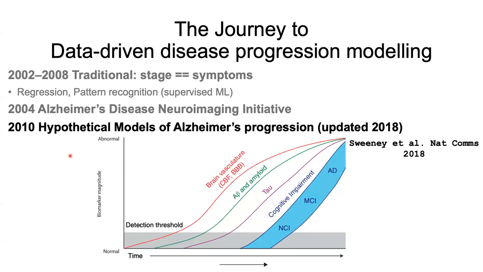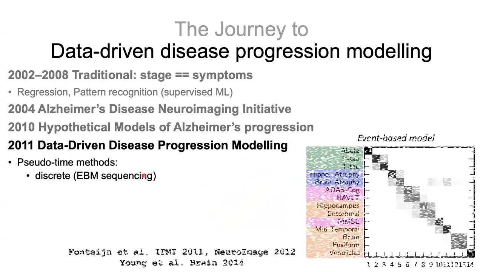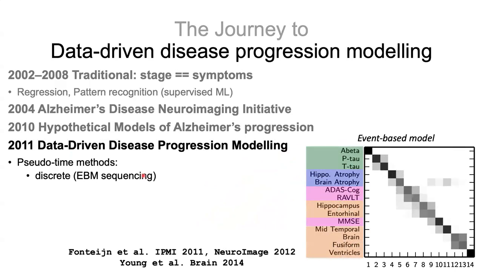Around about the same time, computer scientists started to hear about Alzheimer's disease and about ADNI in particular. And they said, well, if there's data, then surely we can do something a little bit more data-driven. And in 2011, a pseudo-time method came out that estimates a discrete pseudo-disease time. It's called the event-based model, which essentially just estimates a sequence of progression.